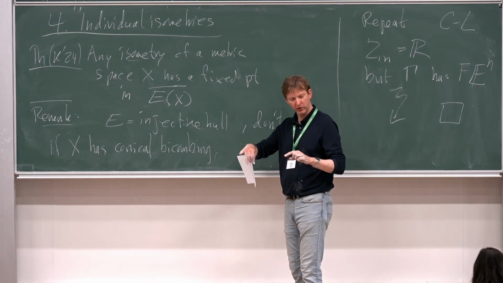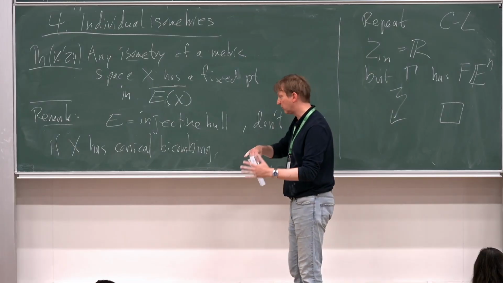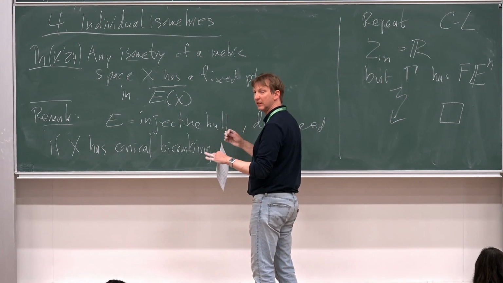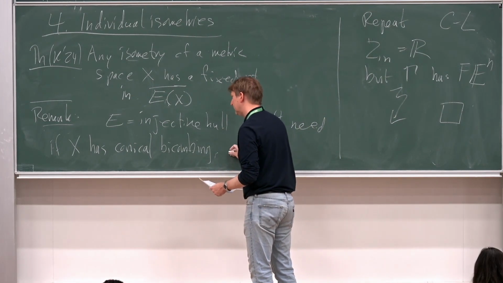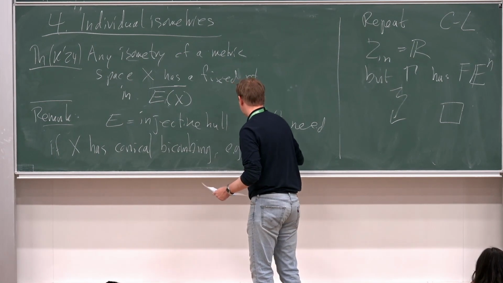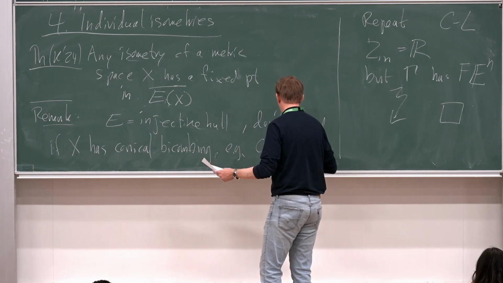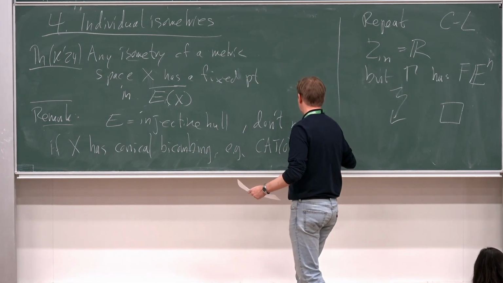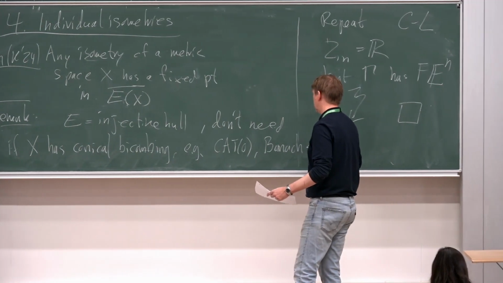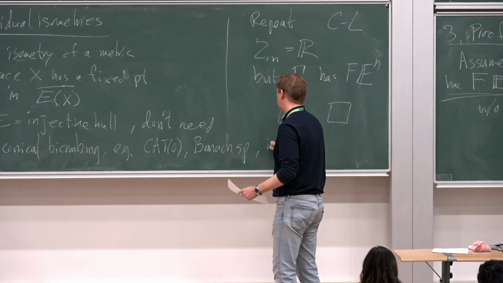So this is kind of a choice. If you have many geodesics between points, it's a special choice so that you have convexity, almost like CAT(0). So this is, for example, CAT(0) with unique geodesics, or Banach spaces with lines as your bicombing, or injective spaces.